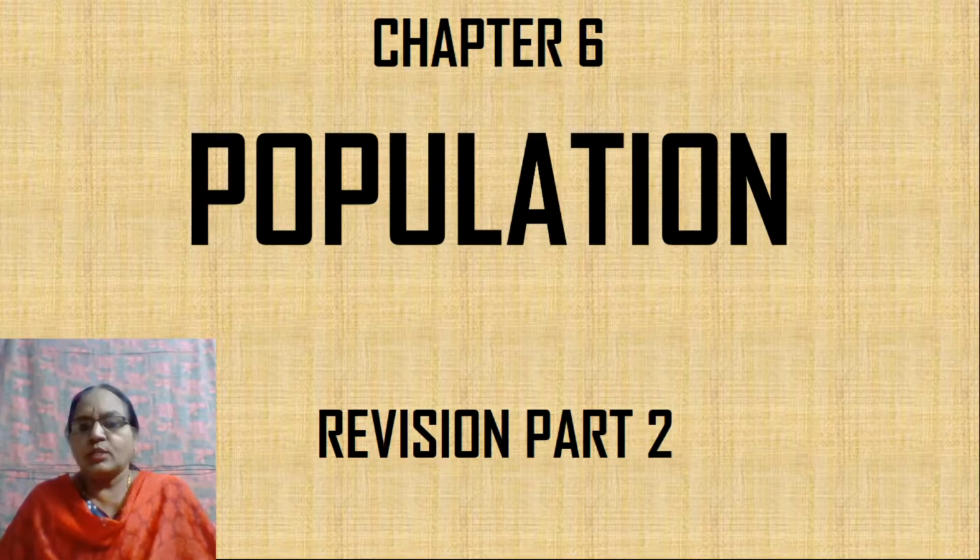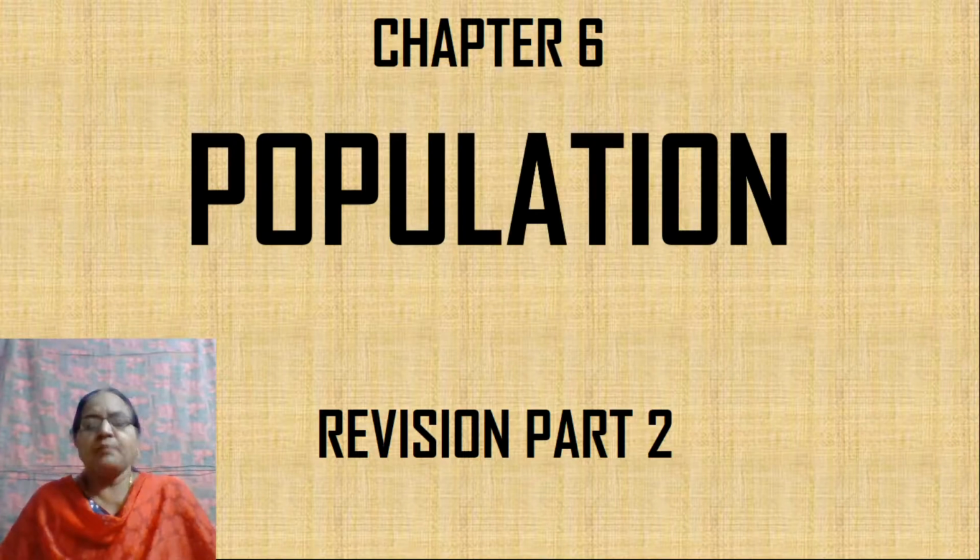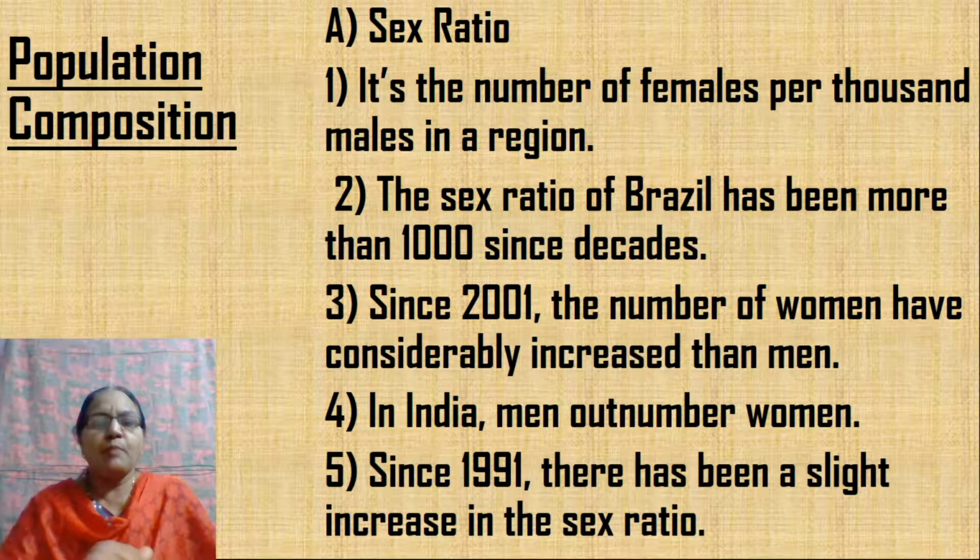In mountainous or hilly regions, we found the density of population was sparse or low. Now let's move over to the second part of this lesson, that is composition of population.